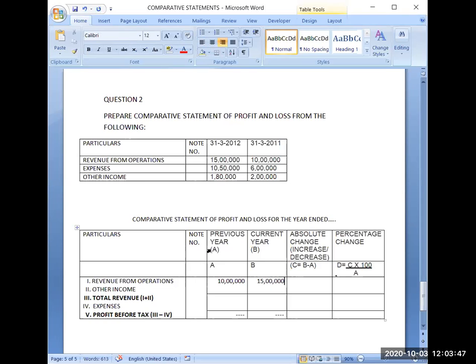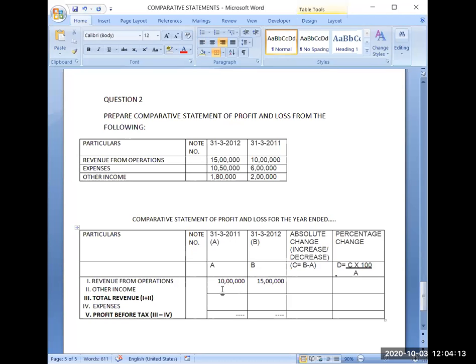So instead of writing previous year and current year, I will be writing the dates here: 31st March 2011, and here it will be 31st March 2012. Same way, other income will be how much?